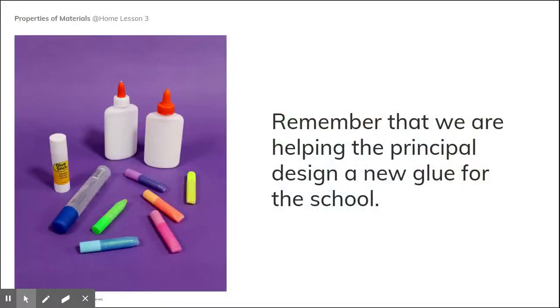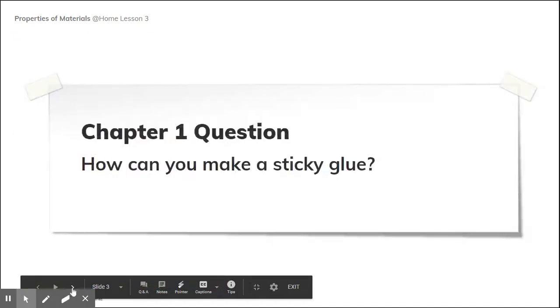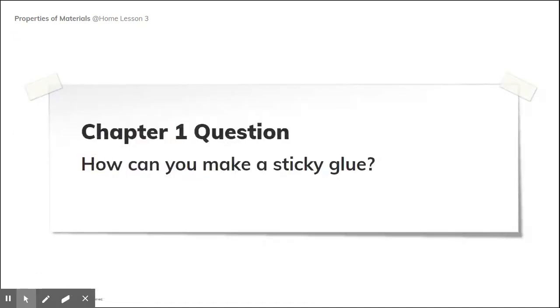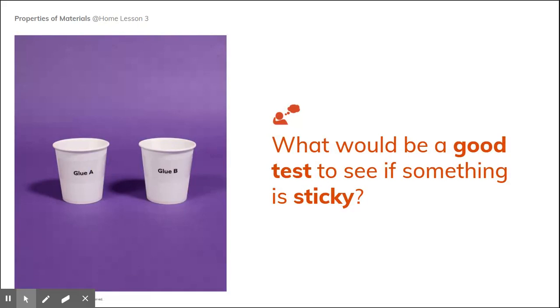So remember, we are helping the principal design a new glue for the school. Chapter 1 question, how can you make a sticky glue? What would be a good test to see if something is sticky? Think about that for a minute.